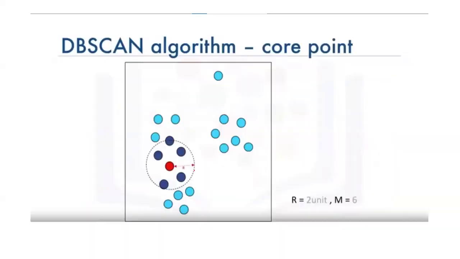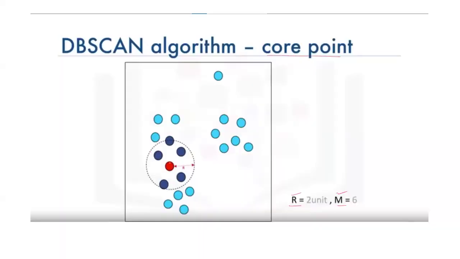So these are the two important parameters which you have to use for DBSCAN. One is the radius and another is the minimum number of neighbors. So see how it works. Step by step, we will understand how it works. For example, it will pick this particular observation, and this red colored observation is called a core point.